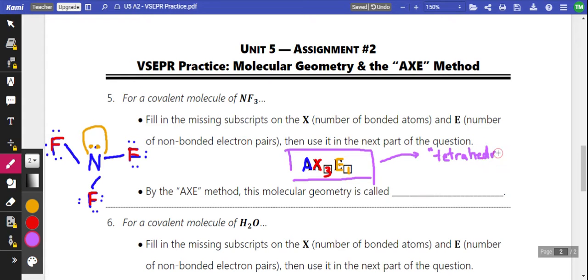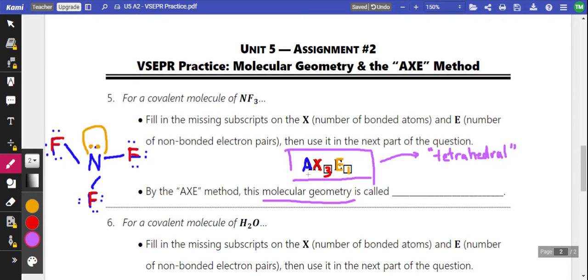Don't know the exact definition, but a shape with 4 points, for our 4 electron domains. But what we take into account for the molecular geometry or the molecular shape is only the bonded atoms. I kind of ignore this E1. Now, it still pushes things around, but I'm only looking at what the shape of the bonded atoms is once they're pushed by that lone electron pair.